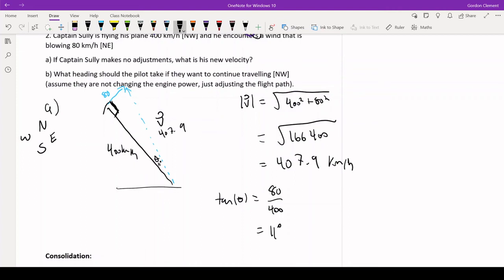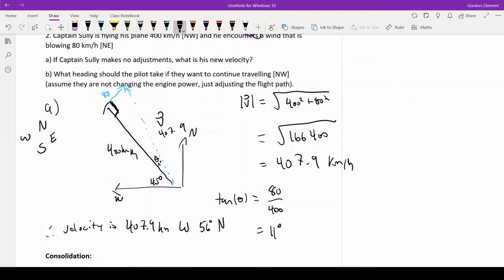If I draw my compass on here, there's west, there's north. Since that was exactly northwest, that's 45 degrees. So I could say west, 56 degrees to the north, 45 and 11 up to the north.